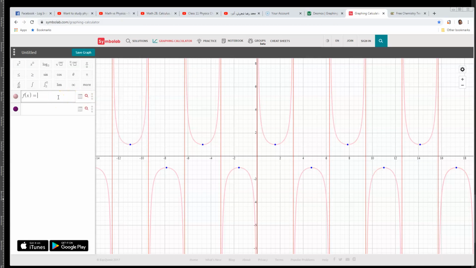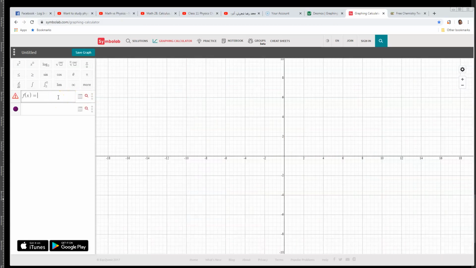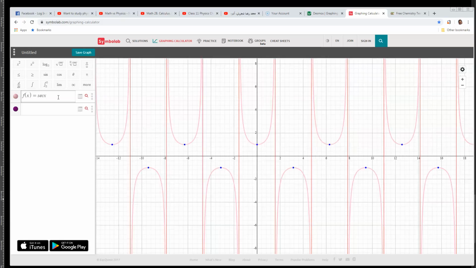If f of x is equal to secant x, so you can see that at pi by 2 over here you have an asymptote, and then you can even go from 0 to pi by 2, or pi by 2 even to, for example, up to this point which is pi, and then pi to, for example, between pi and 2 pi you have basically 3 pi by 2, and so on and so forth.